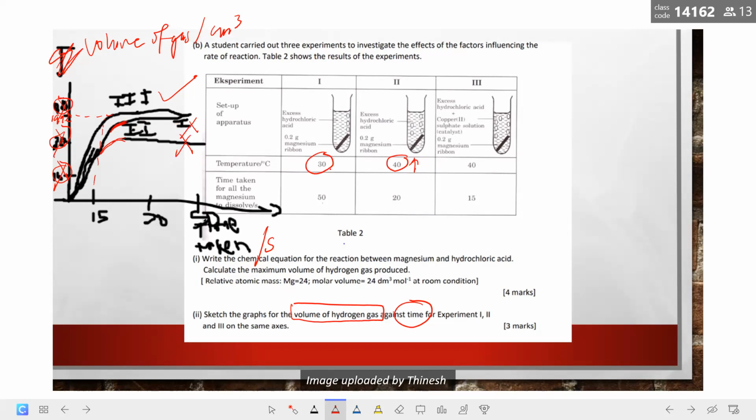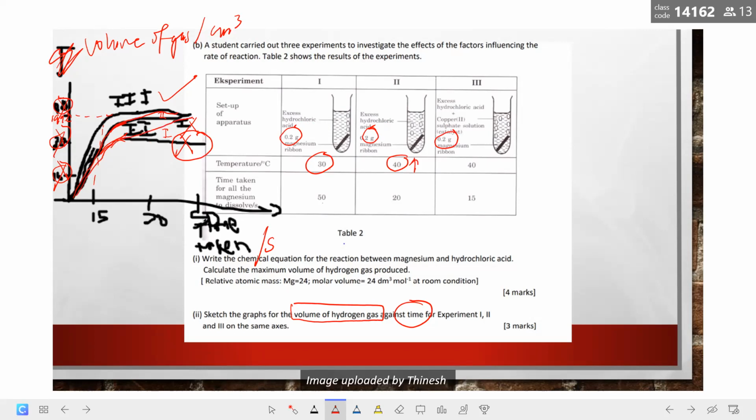Actually, if teacher were you, this will be my second, this will be my first, and then it cannot be separated. All of them have 0.2 grams, which means, as we calculated just now, they have the same number of moles. So all of them must meet up here. Same thing for the third one, it will meet up here.